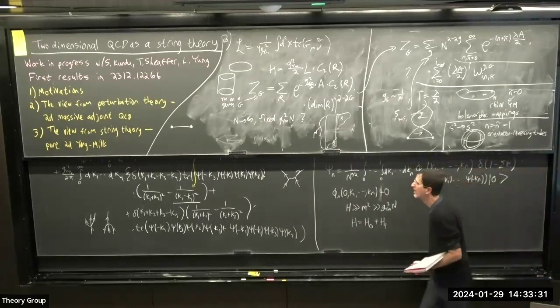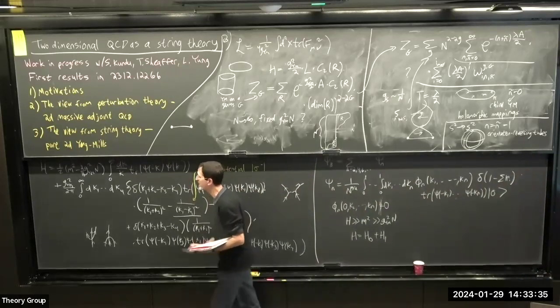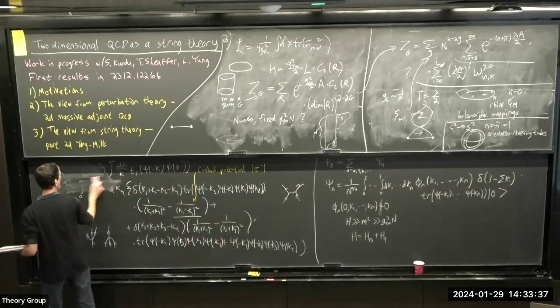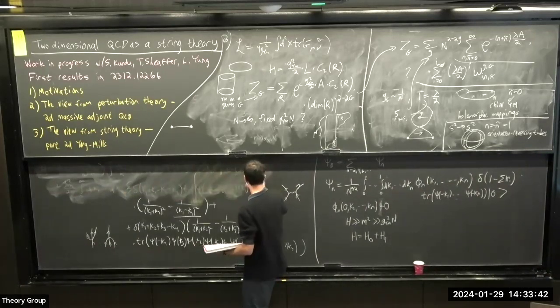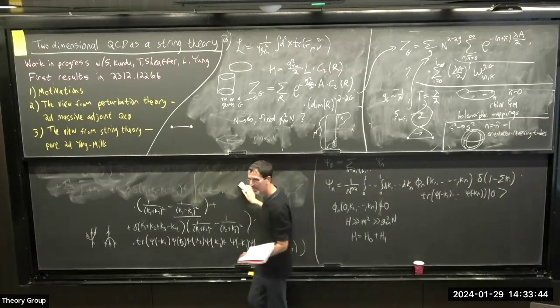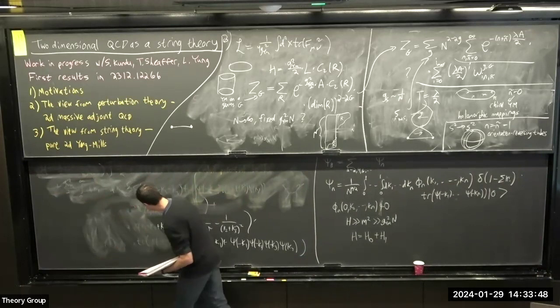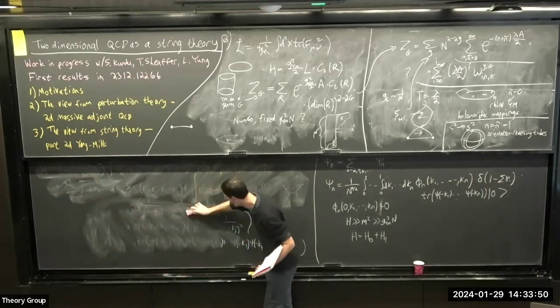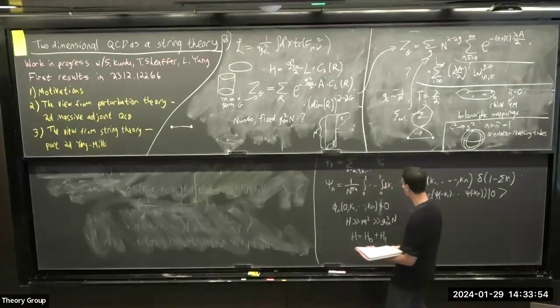There were some attempts by Gopakumar and Vafa, but they were not very explicit. And then there was an attempt by Petr Hořava to write down what we call the topological rigid string theory, but his attempt was also not completely explicit. It had some singular terms that were not resolved.